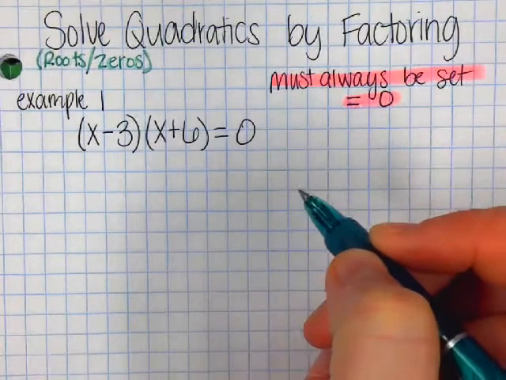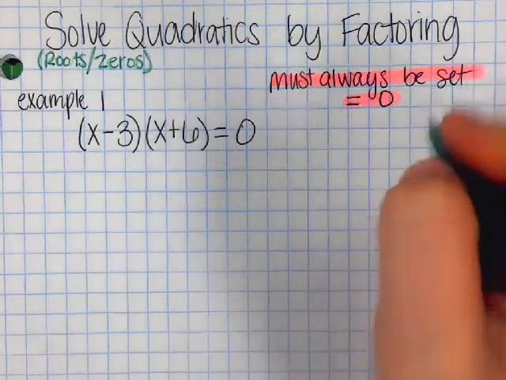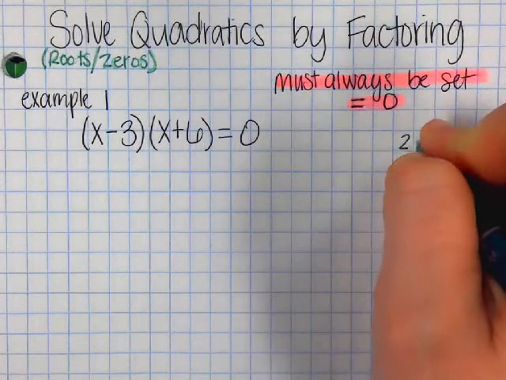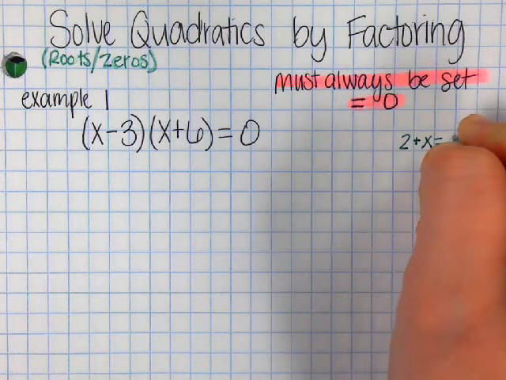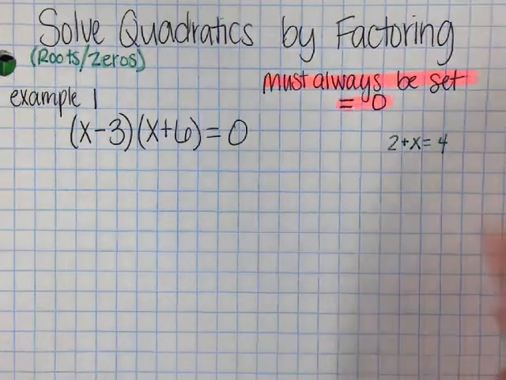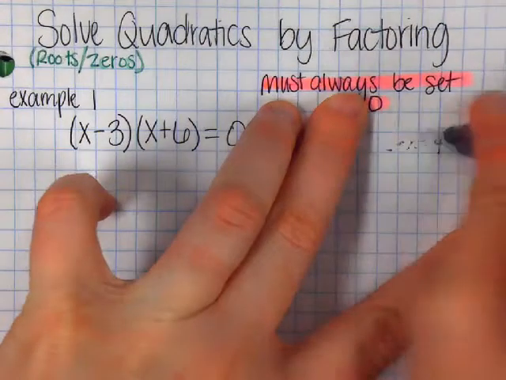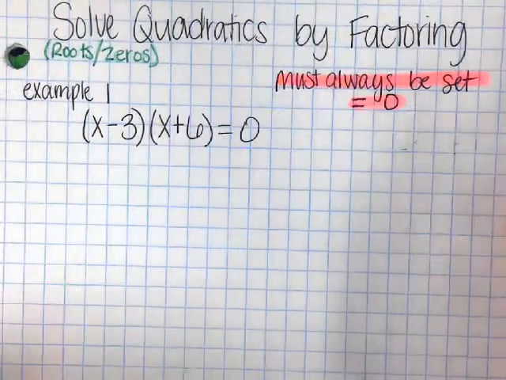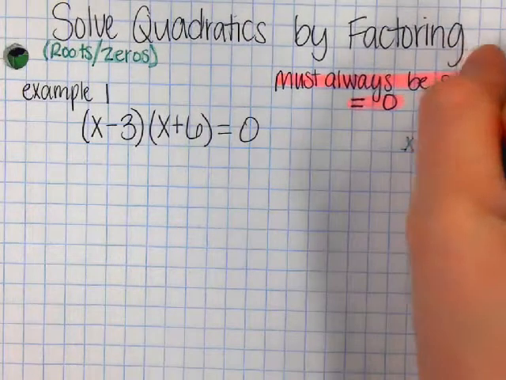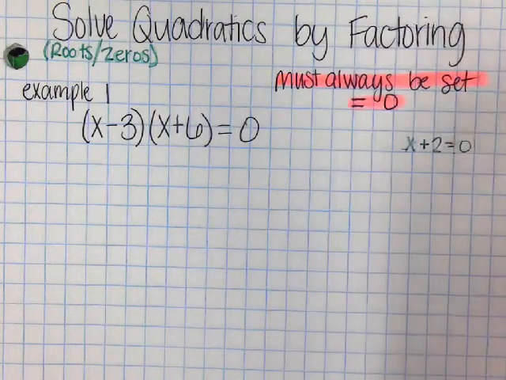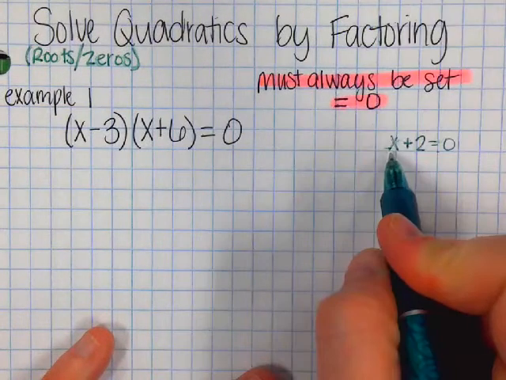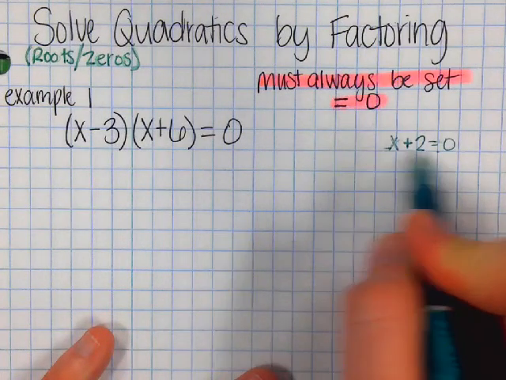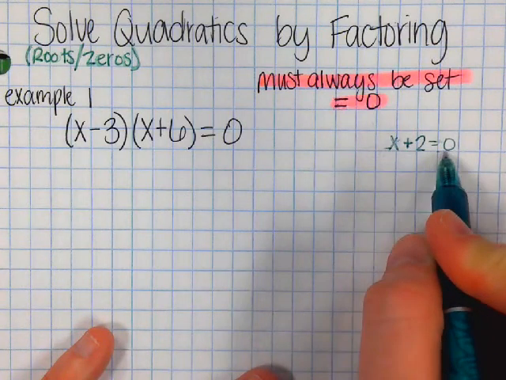So remember when we're solving equations, like if I have x plus 2 equals 0, you want to find what x value you can plug into this equation that would make this statement true.